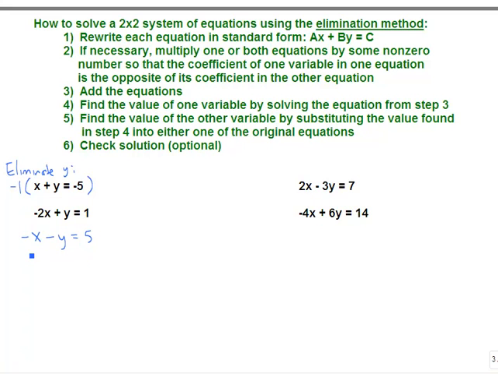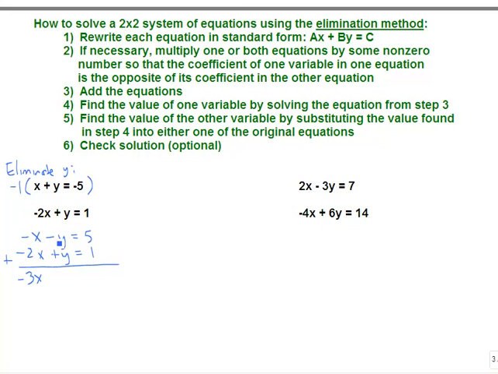And the second equation I'm going to leave exactly the same, but I'm going to line it up underneath my top equation. Now if you have them lined up, then you should be ready to add down the columns right away. -x plus -2x is -3x.